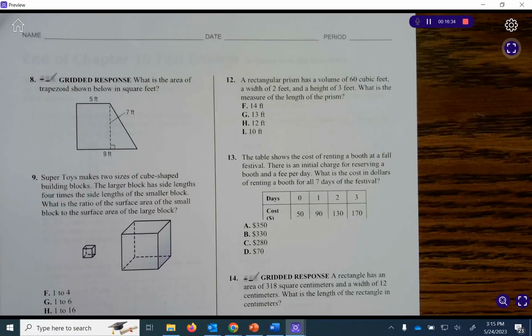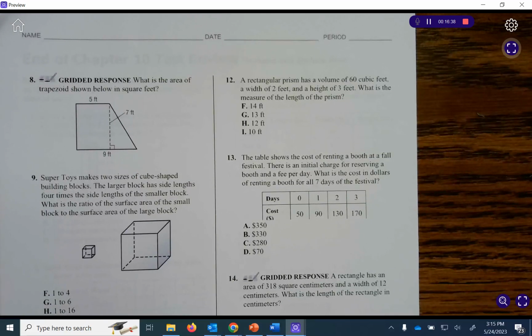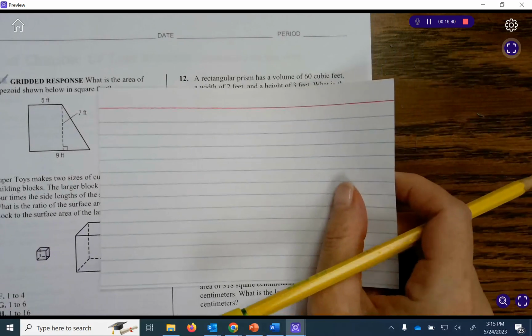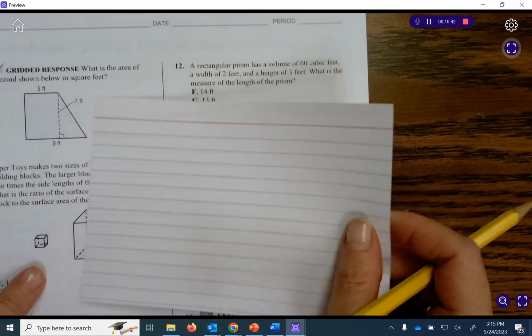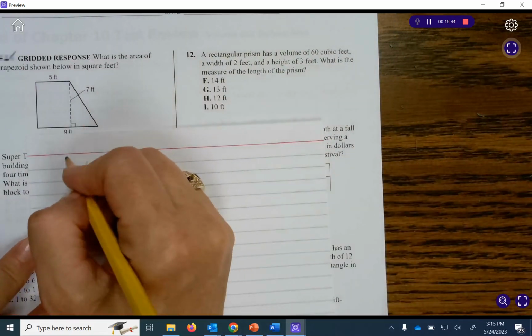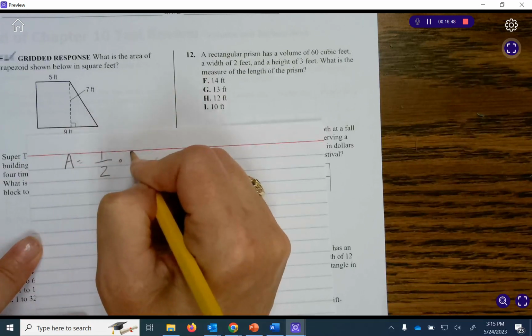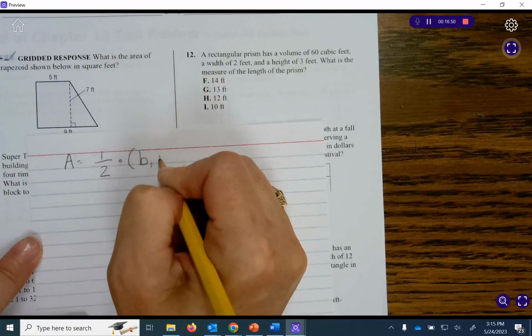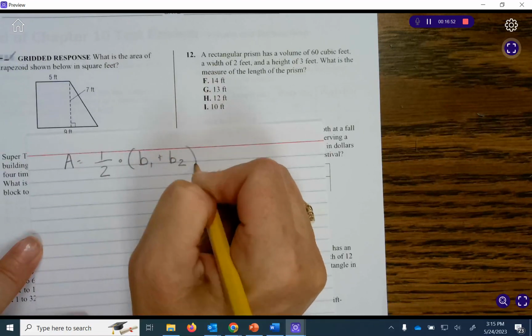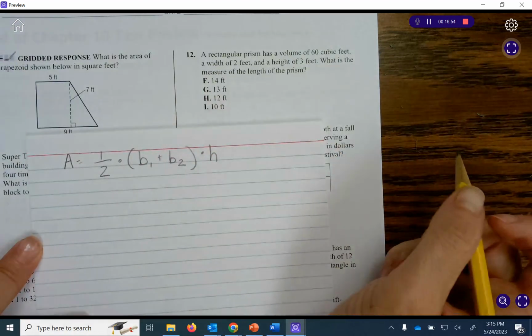What is the area of a trapezoid, shown below in square feet? The formula for area of a trapezoid equals area equals 1/2 times base 1 plus base 2 times the height.